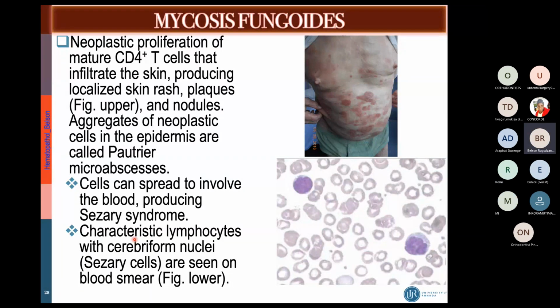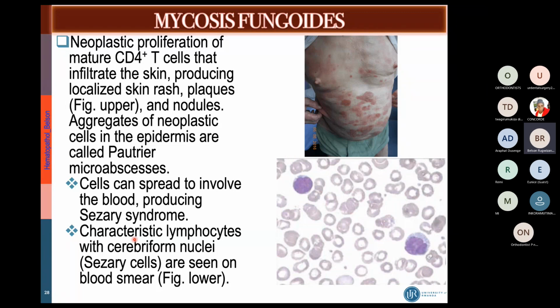So there will be neoplastic proliferation of mature CD4 T cells which infiltrate skin, and they produce skin rash, plaques, and sometimes nodules. So aggregates of neoplastic cells in the epidermis are called Pautrier microabscesses. Pautrier is a Frenchman who described that for the first time.